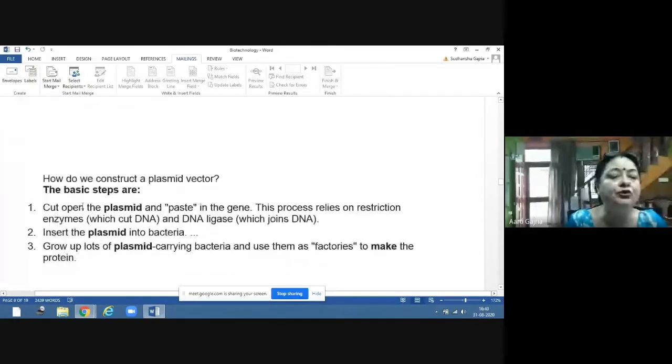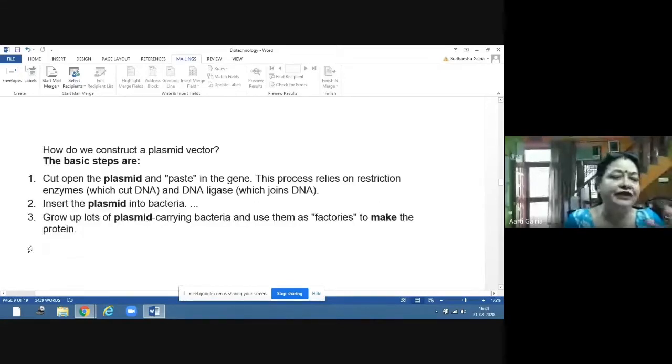Now, how do we construct a plasmid vector? First of all, we have to cut open the plasmid, and then we have to place the gene of interest. We have to paste it, and this process is done by the restriction enzymes and the DNA ligase. Restriction enzymes are to cut the specific recognition site, the specific base sequence, and ligase is to join the DNA.